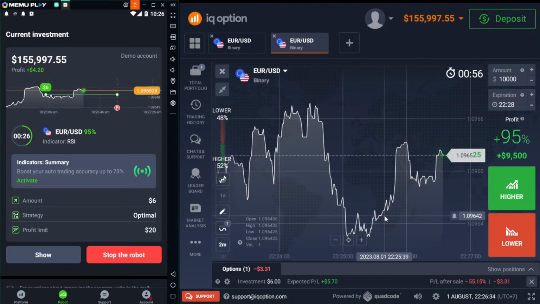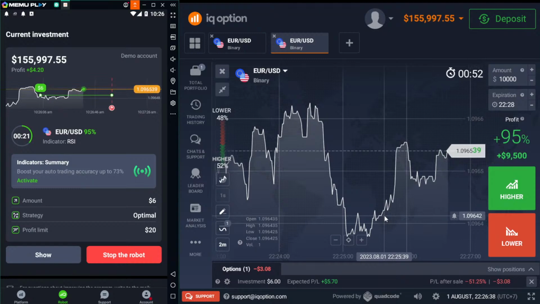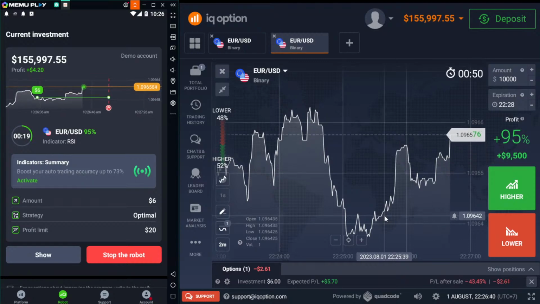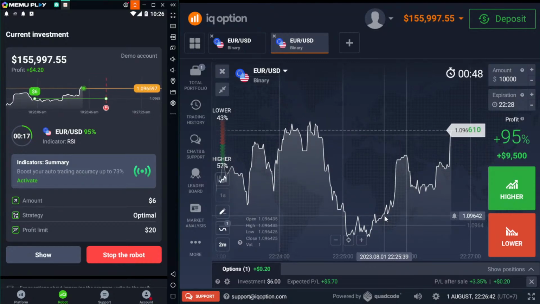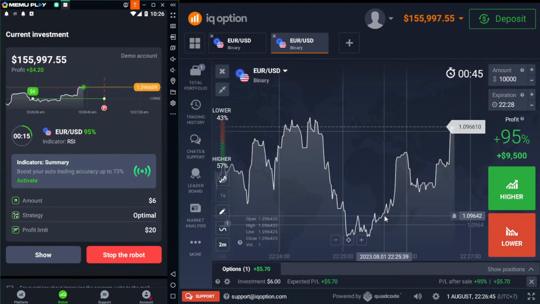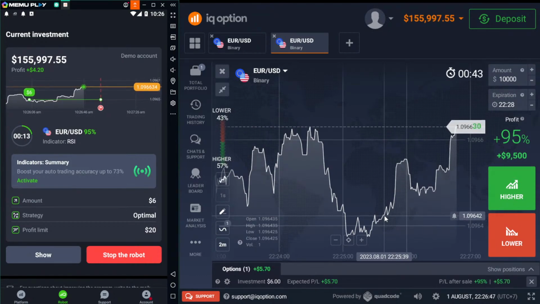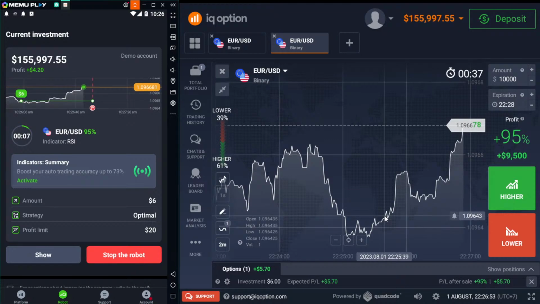So we put, first of all, 1 minute candles, because in my experience it has a much more effective result. Then look for a moving average in popular indicators and set period to 102.